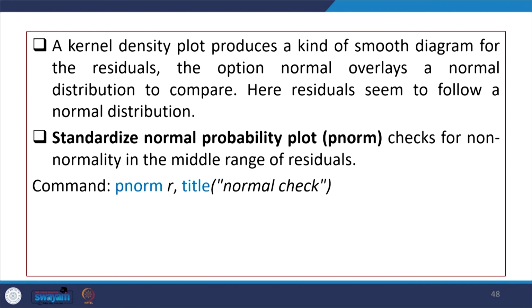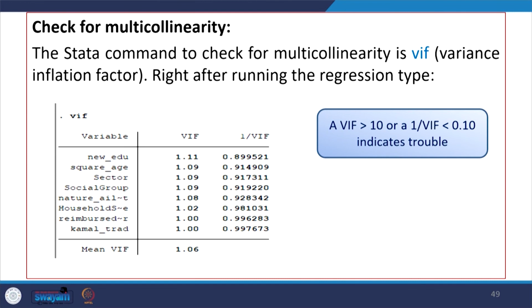Similarly, the standardized normal probability plot, that is pnorm, checks for non-normality in the middle range of residuals. In that case, pnorm r, then you can give a title to that particular chart, like normal check, and it will give you information.